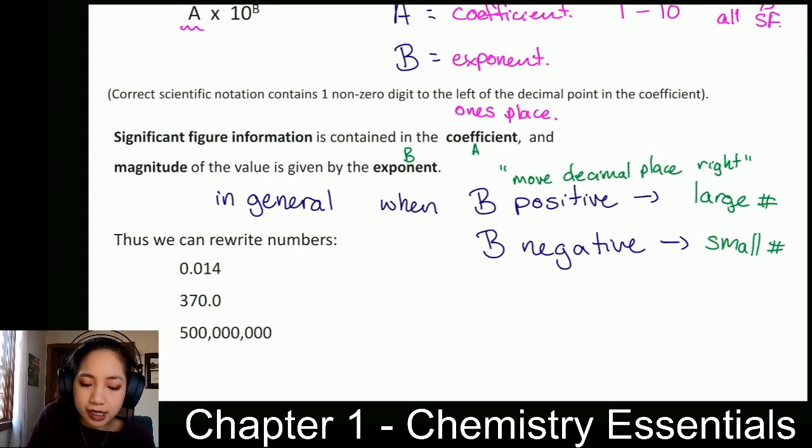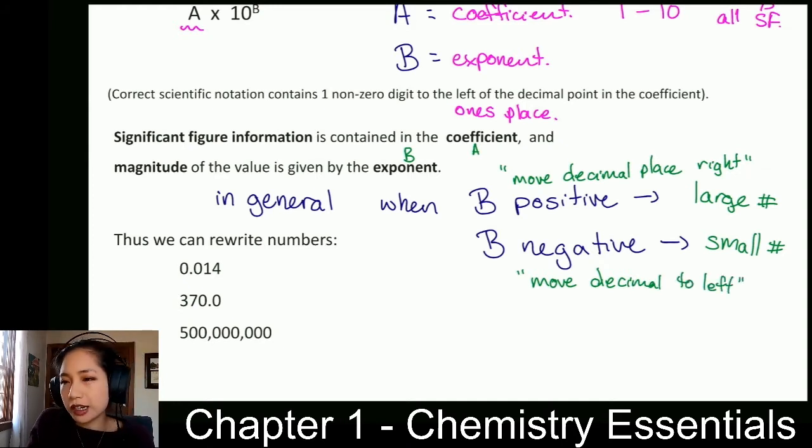And then when b is negative, you move your decimal place to the left. So I don't like to memorize rights and lefts. I just remember, okay, when b is positive, it's a big number, so move your decimal place in the direction to make it a larger number.